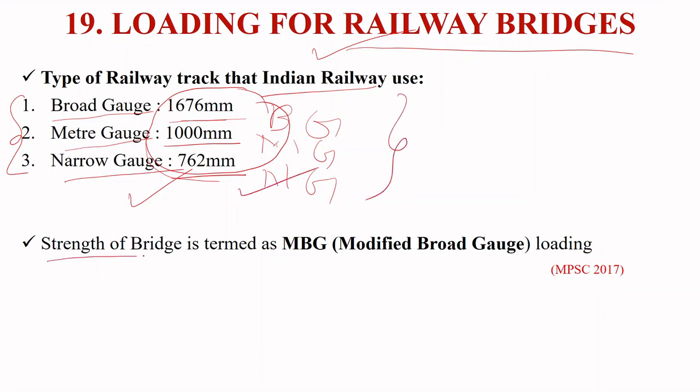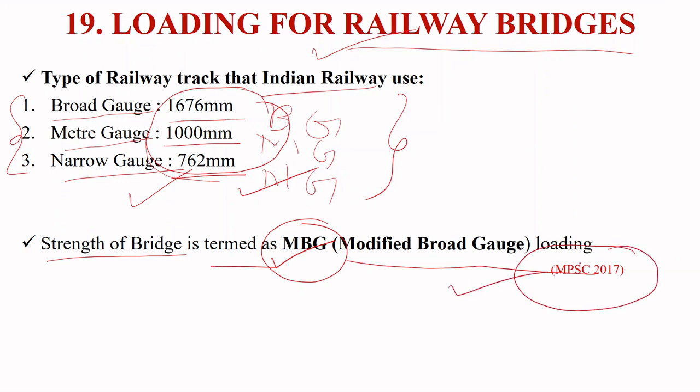Now, the strength of bridges is termed as MBG. What is MBG? Modified broad gauge loading. We determine the strength of bridges by the MBG, which is called the modified broad gauge loading. This question appeared in MPSC 2017, and it is a new type of question.